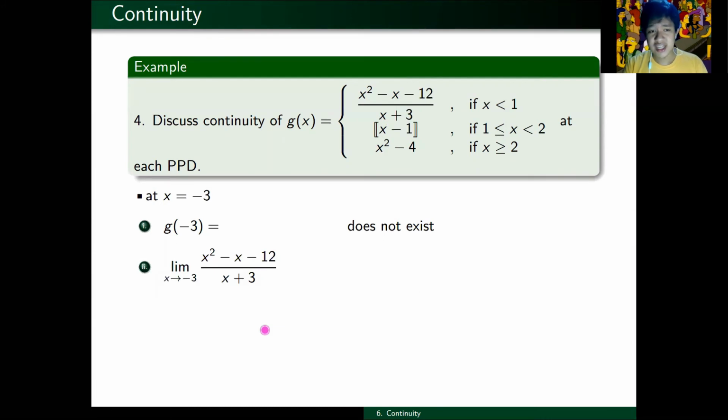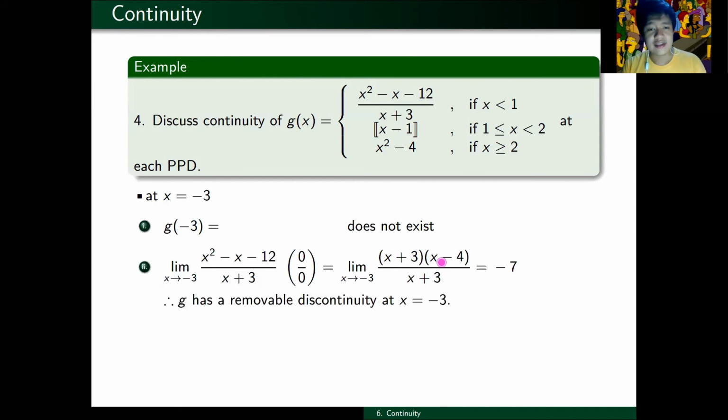So, but if I check this limit, I get 0 over 0, sabi nga natin kanina, I can factor it like this. I can cancel x plus 3 sa taas, tsaka sa baba, matitira sa akin x minus 4. If I plug in -3, I get -7. So, second condition is satisfied, although hindi na siya continuous. Hence, meron po tayong removable discontinuity at x equals -3.